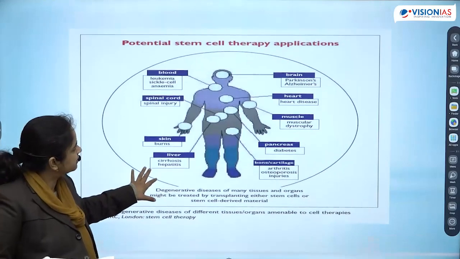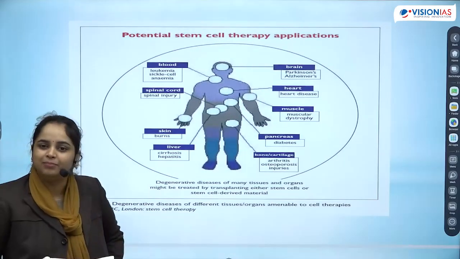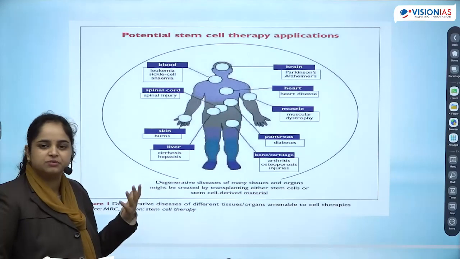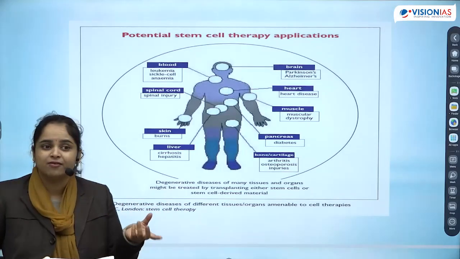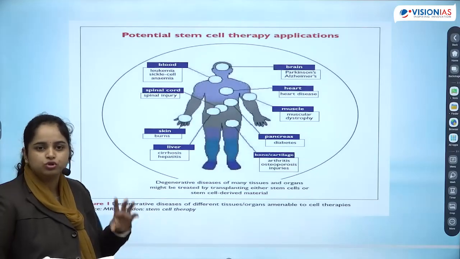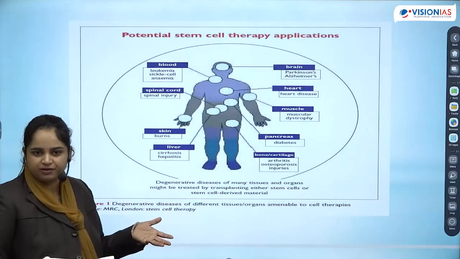Like if you look at this, this is suggesting the potentials of stem cell therapy applications. So आप किसी को brain disease है उसमें दे सकते हो. Suppose a person has Alzheimer's, is losing his memory because the brain cells have worn out. So what can be done is stem cells can be used to create new brain cells and that could be given to a person as a form of treatment.